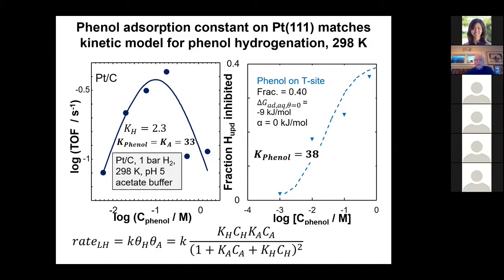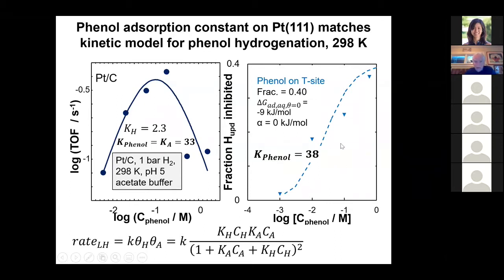As you go to smaller particles, the activity goes down per unit area of platinum. And based on those kinds of measurements, it had already been postulated from the Pina group that it was the more coordinatively saturated terrace-like sites that were responsible for the activity of phenol hydrogenation.